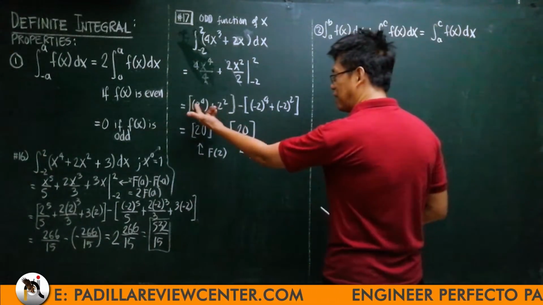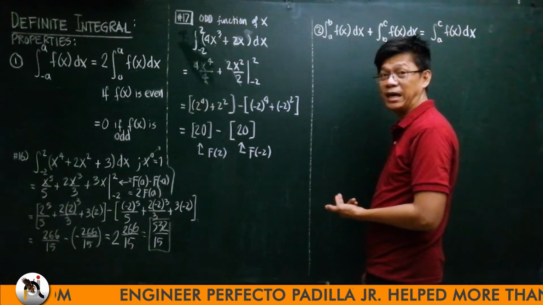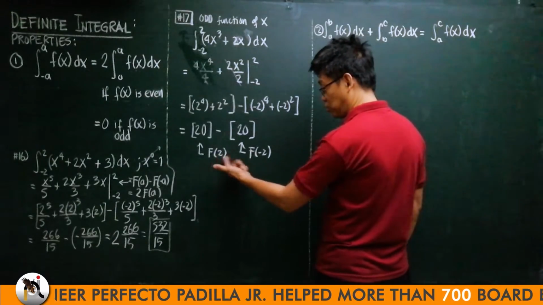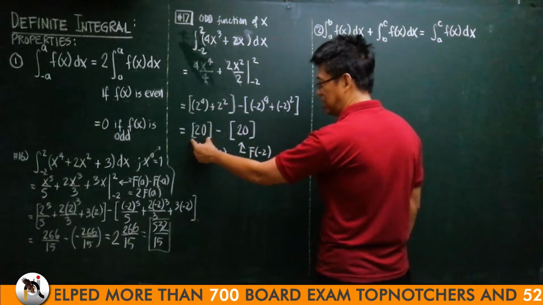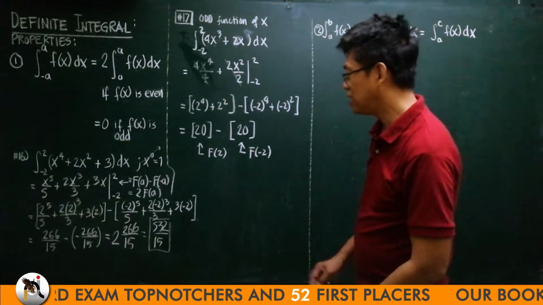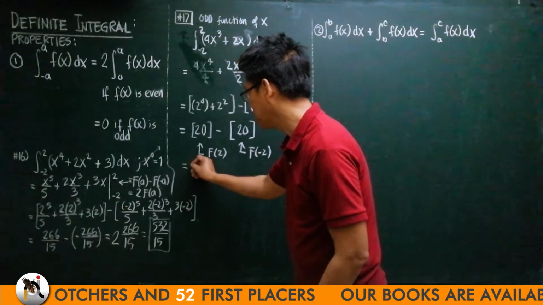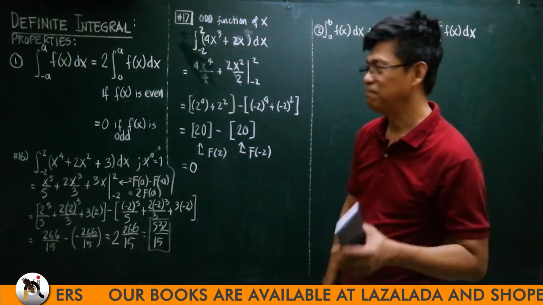When you are evaluating an even function for certain values of x, let's say a, or 2 and minus 2, the function of positive a equals the function of negative a. So that will give us 0, right? You follow? I repeat.